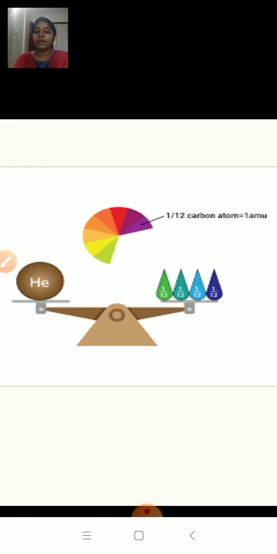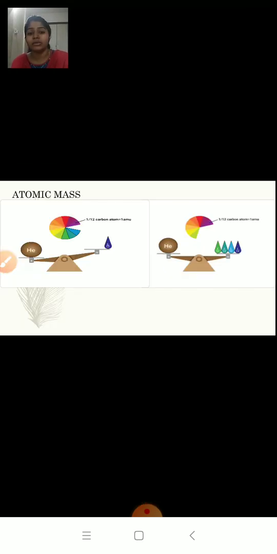So the atomic mass of these 4 pieces is 4 atomic mass units, right? So I can say that the mass of helium is equal to 4 atomic mass units. It means when you place 4 parts of carbon 12, we get the mass of helium.